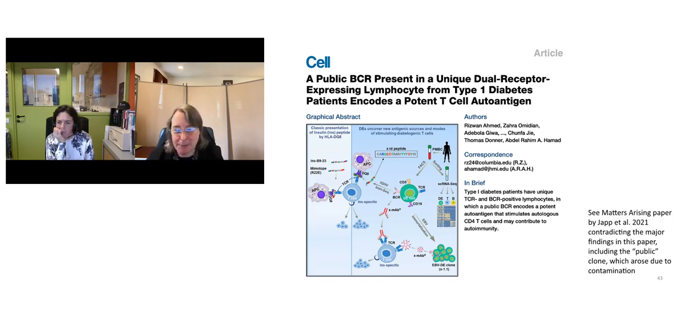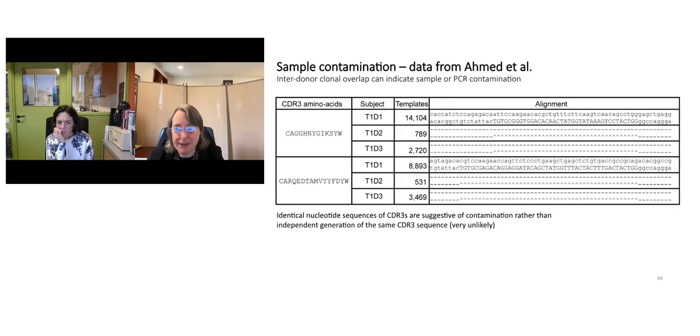So this public clone, we dug into their data, and these are their sequencing data, and this is their evidence for a public clonotype. The public clone that they talk about is this bottom one, but actually they have over 119 shared clones between these various individuals. These are not low copy sequences either.